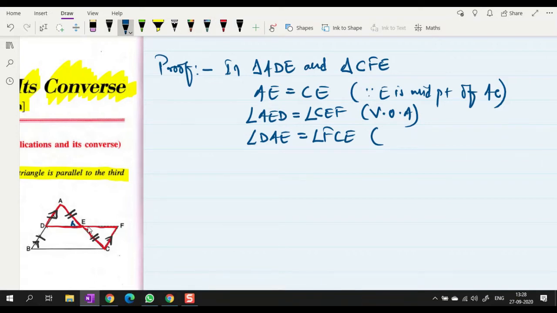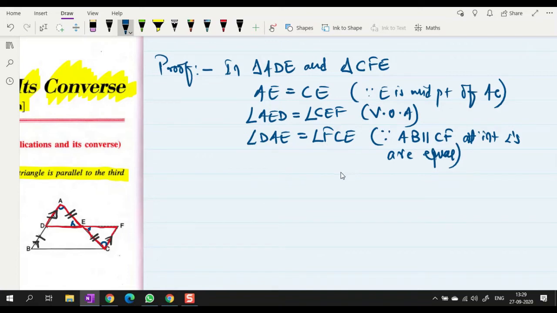I think because they're alternate angles. Correct. They are alternate interior angles because AB is parallel to CF. Since AB is parallel to CF, alternate interior angles are equal. Correct?